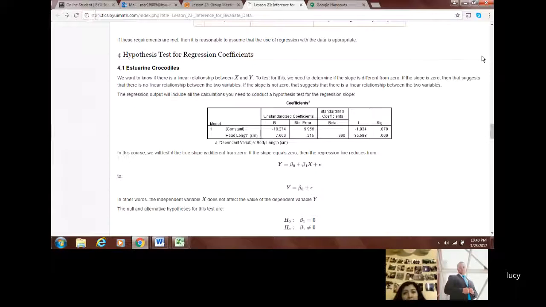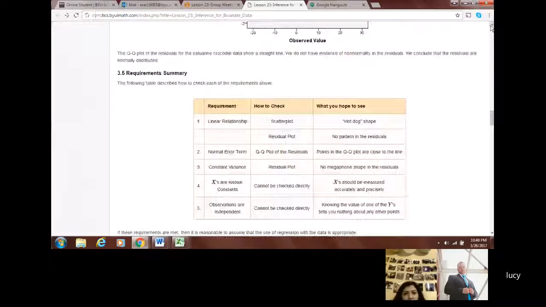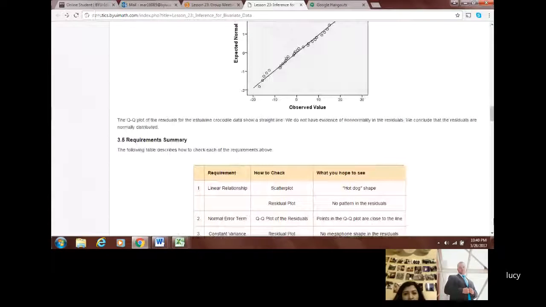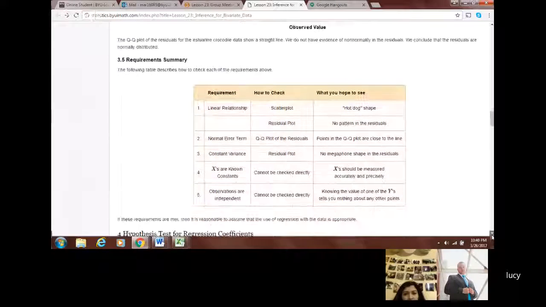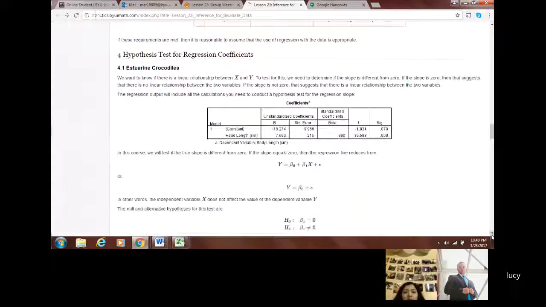So for our chart, there was a linear relationship, so then it would be B: there's sufficient evidence to conclude that the slope of the regression line is 0.